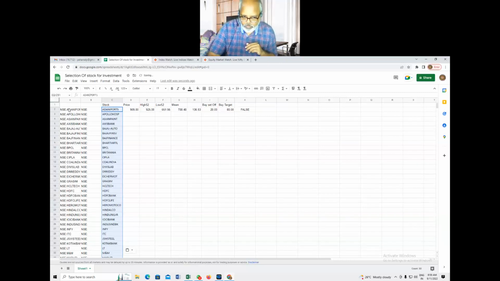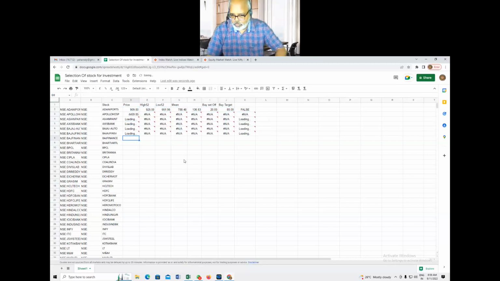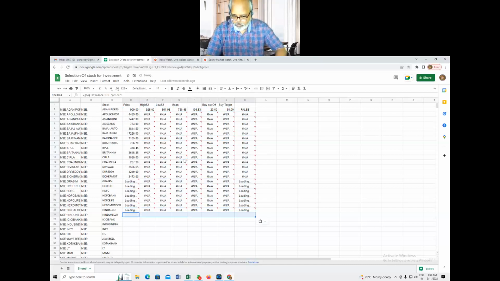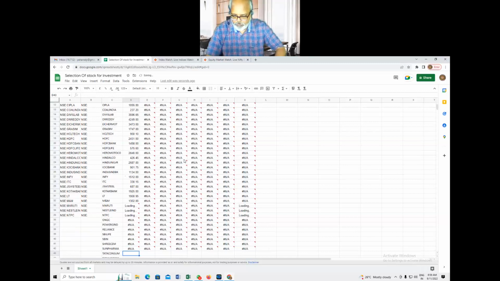Now you can see that all the changes are happening automatically. I just need to copy and paste this formula and say that I want to do the trading in this particular fashion. Whenever I do this, I will get a list of stocks which are coming into my level of buying or level of selling. If I am holding some stock, I will sell it when it goes near my 52-week high.